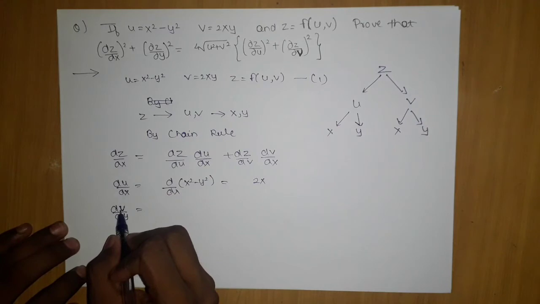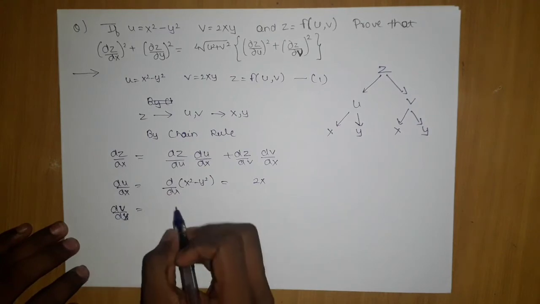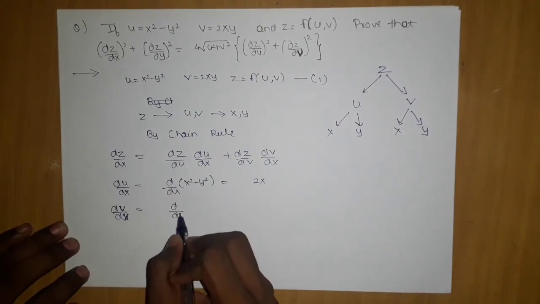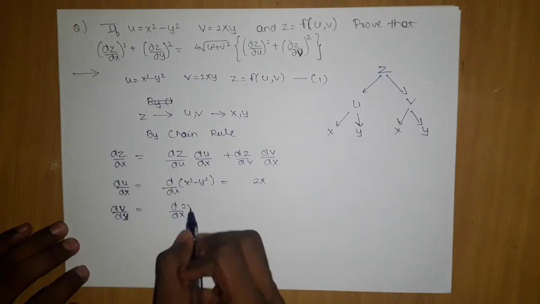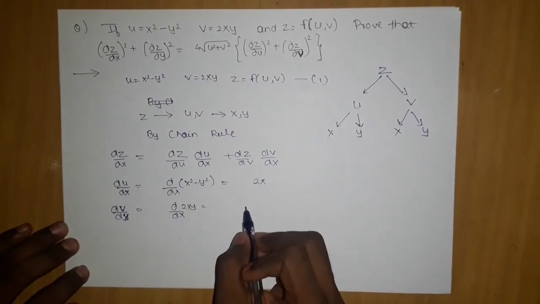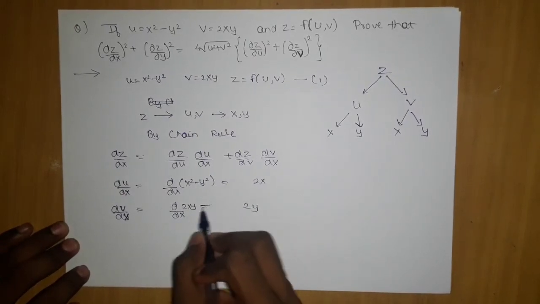∂v/∂x will be ∂/∂x of 2xy, which is nothing but 2y. So we are getting this.